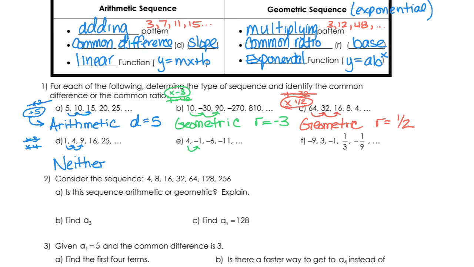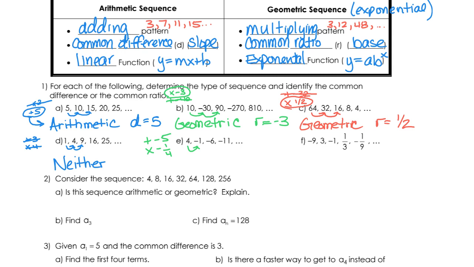4 to negative 1. I could say that I am adding a negative 5. Or I can say that I am multiplying by a negative 1/4. If you multiply 4 by negative 1/4, you would get negative 1.